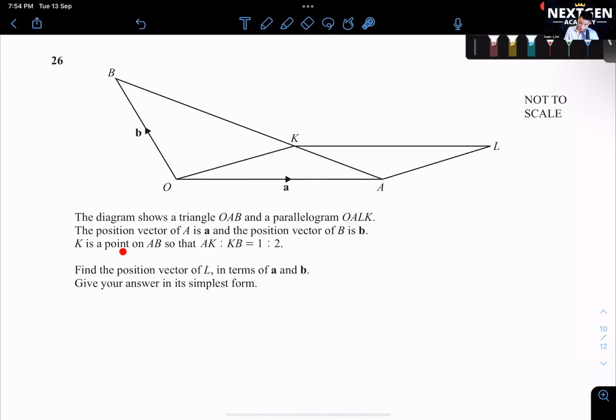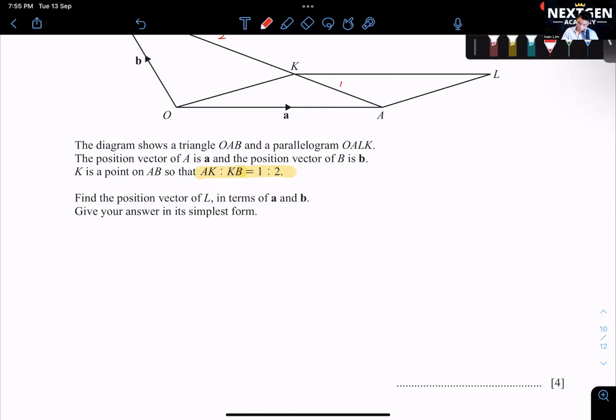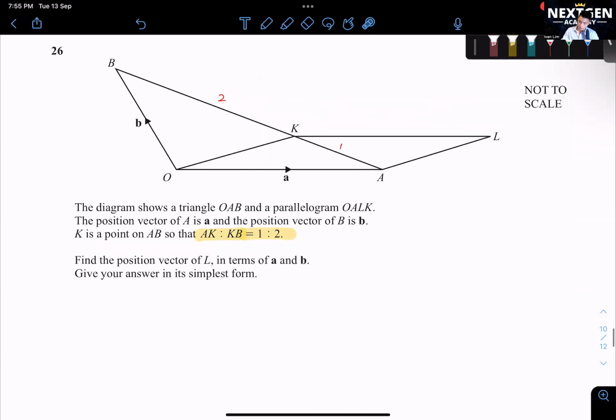K is a point on AB so that AK to KB is 1 to 2. Find the position vector of L. That means we want to find L in terms of a and b. Give your answer in its simplest form. Wow, 4-mark question.